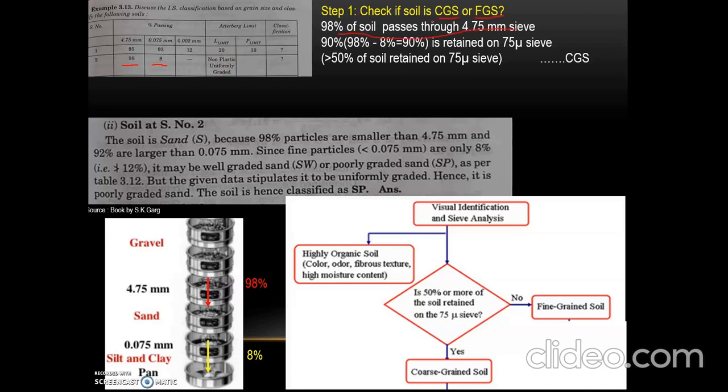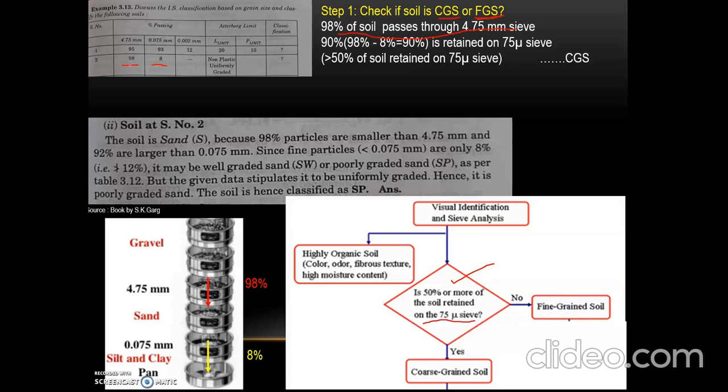The first step is to find out whether the soil is coarse-grained soil or fine-grained soil. To check this, we will go to the flowchart and we will have to satisfy this condition. If 50% or more of the soil is retained on the 75 micron sieve, then it is coarse-grained, or otherwise it is fine-grained soil.